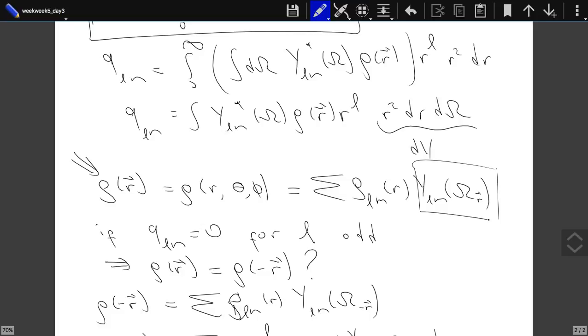Atoms. Well, atoms are, as far as we know, quite symmetrical, so we don't expect them to have many multiple moments. They would have a few, and the monopole moment for neutral atoms will be 0.